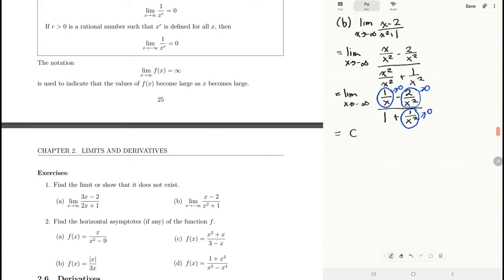And so we have 0 minus 0 divided by 1 plus 0, which is 0 over 1, which is equal to 0. So the limit as x approaches negative infinity is equal to 0. And because the limit goes to a finite number, this tells us that the line y equals 0 is a horizontal asymptote for this function.